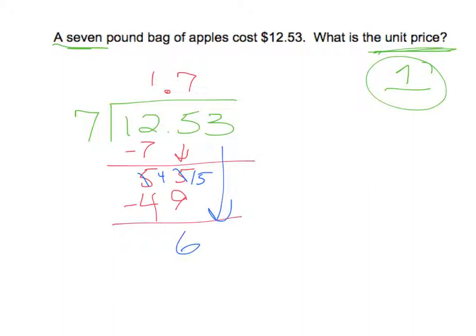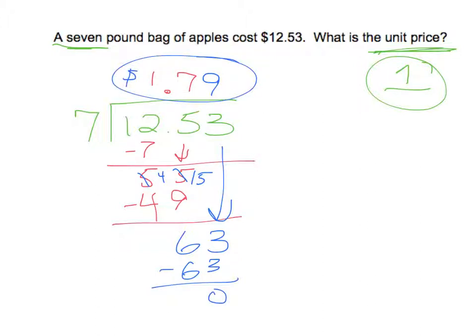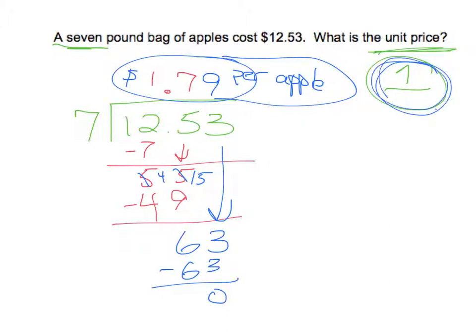Bring down your 3. 7 goes into 63 9 times. And 0. So the unit price is $1.79 per apple. So again, unit price is just saying if 7 of them cost this much, how much is 1 of them? Unit price is finding 1.